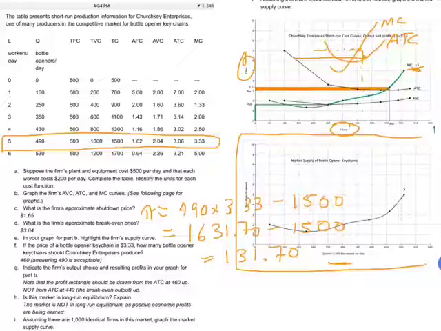I redid that graph and didn't do the axes. This should be small q, quantity in bottle openers per day, and this should be price, dollars per bottle opener. Duh. Anyway, the important thing though is to go from the firm to the market.